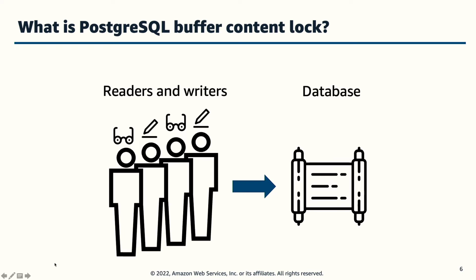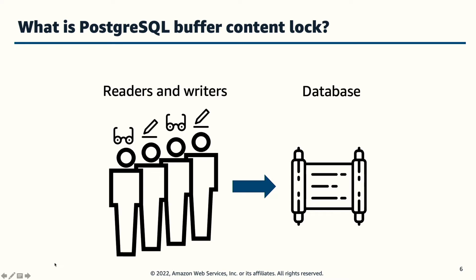This type of lock comes in two modes: exclusive mode and shared mode. In general, when a backend intends to modify a buffer, it takes the lock in exclusive mode. If it intends to just read the buffer, it takes the lock in shared mode.